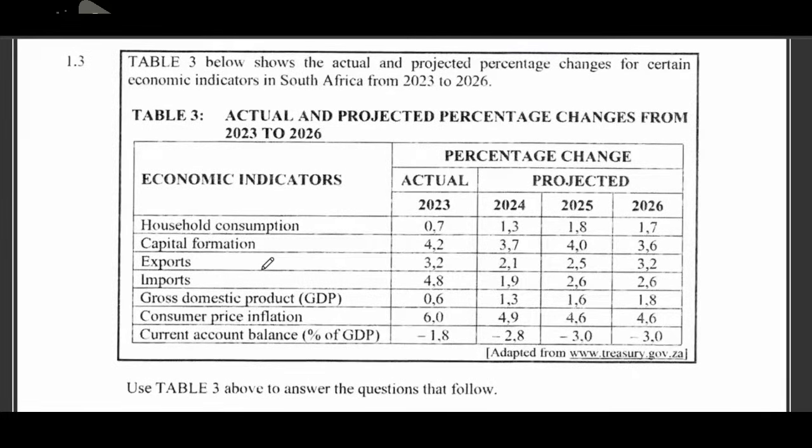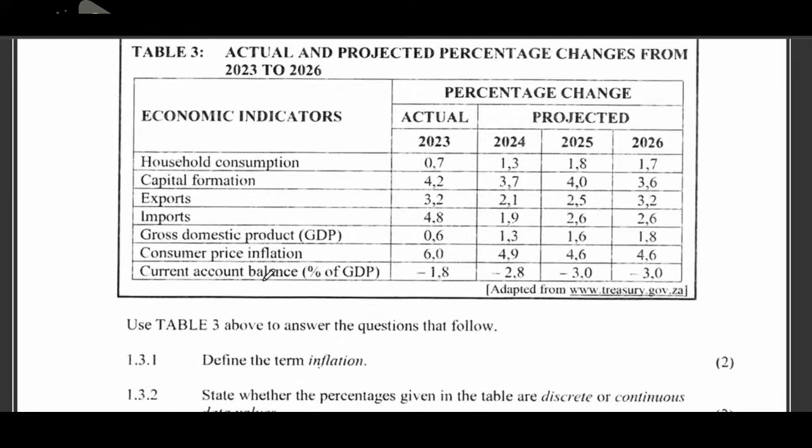Below shows actual and projected percentage changes for certain economic indicators in South Africa from 2023 to 2026. Common indicators. This calls for inflation. Define the term inflation.